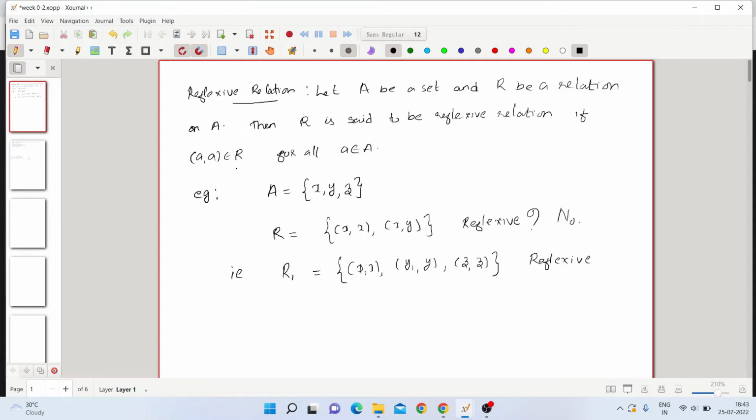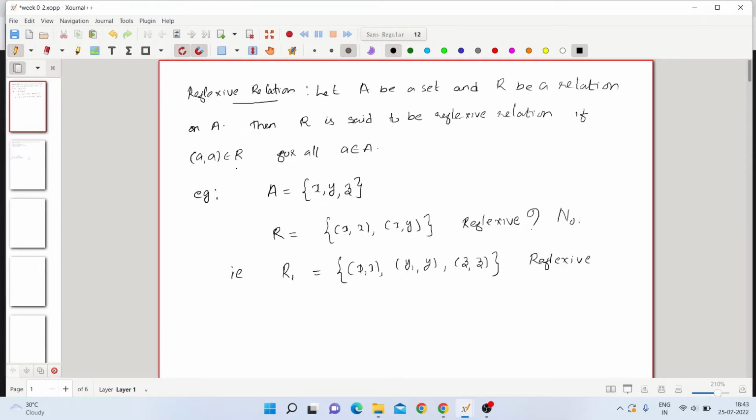If (x, y) is in R, then (y, x) should be in R. That is, this condition should be an if and only if condition. So whenever we have (x, y) in R, then (y, x) should be in R. Conversely, if (y, x) is in R, then (x, y) should be in R, where x, y are elements of A. If this condition is satisfied, then R is a symmetric relation on A.